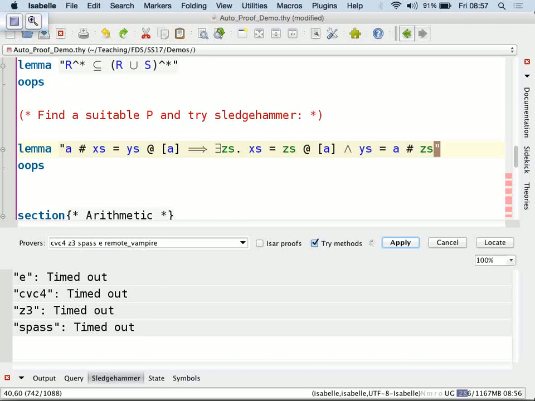I think it's probably false, but yes, it's false. I have a counterexample. For a very specific value of X's and Y's, it's false.